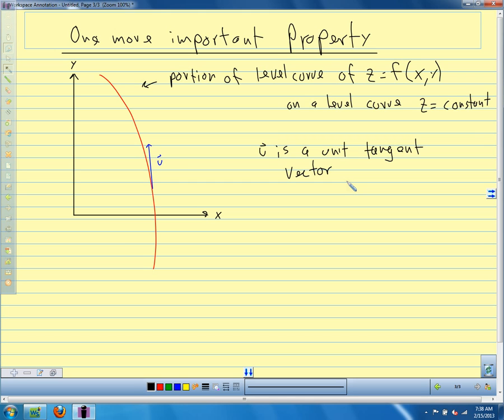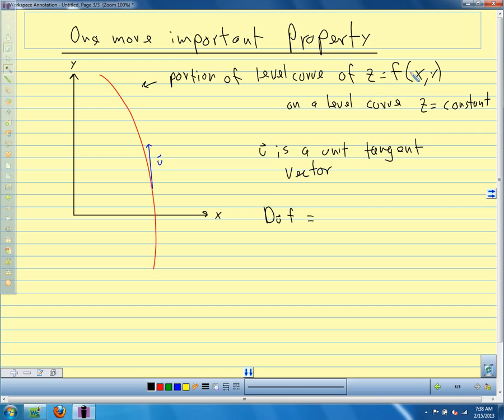So since we're on the level curve, what is the directional derivative in the direction of u going to be? So we're thinking about the directional derivative, the rate of change of f in the direction of this unit tangent vector on this level curve.